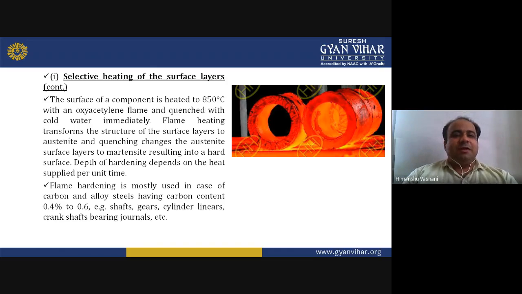You can see how the flame is helping and the hard surface is obtained. Now, flame hardening is mostly used in case of carbon and alloy steels having a carbon content of 0.4% to 0.6%.